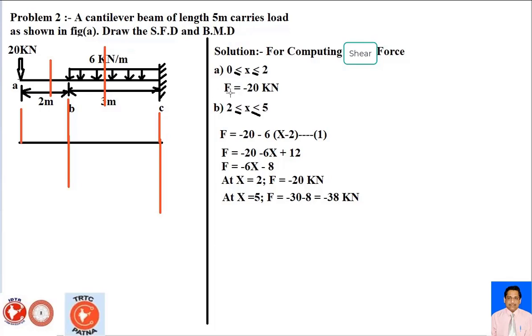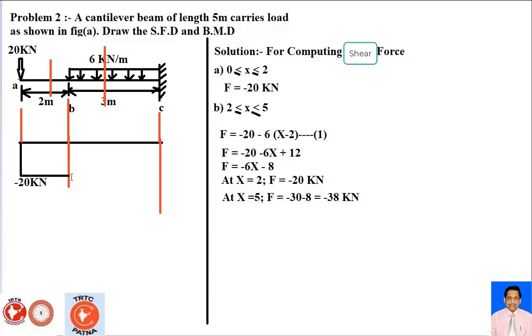First, when you're at point A, the force is basically minus 20 kilonewton. So you have to draw here minus 20 kilonewton from here to there. Then after, your value comes to here from 20 kilonewton to 38 kilonewton.